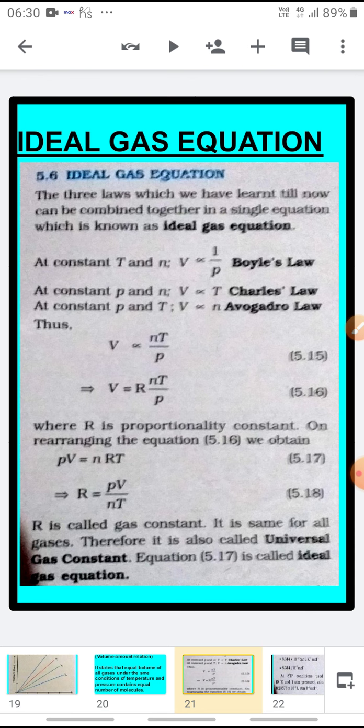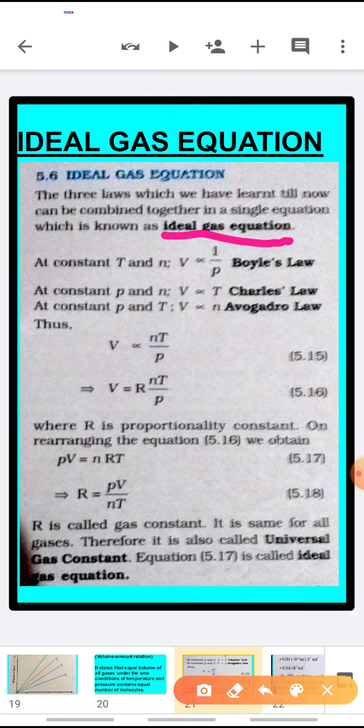This ideal gas equation comes out from the combination of all the laws, and that single equation will be called the ideal gas equation.